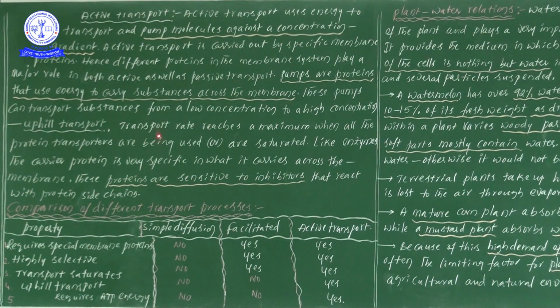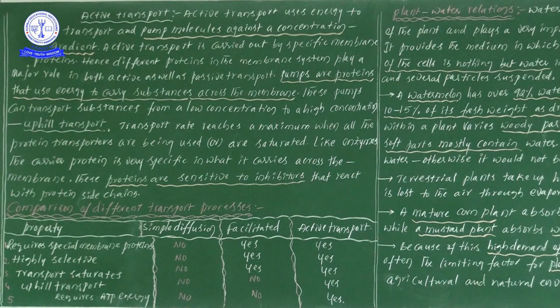Then, the transport rate reaches a maximum when all the protein transporters are being used. This statement we have seen in passive or facilitated transport also. Suppose there is a membrane with 10 membrane proteins, and only 2 proteins are involved in the transport of molecules or ions from one place to another.